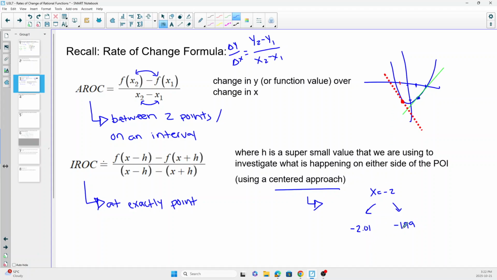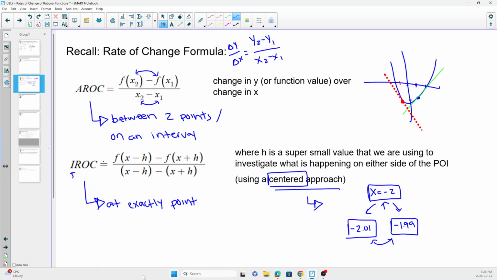And what if we use these 2 points? Essentially, what we're doing is we're finding the average rate of change. We're using the exact same formula, but we're choosing 2 points that are so close to our point of interest. So we are hoping that the average between these 2 points comes really close to telling us the instantaneous rate of change at this point. And so the formula maybe looks scary, but really all you're doing is choosing some x value, in this case -2, and you're taking away some consistent amount and you're adding that same amount. So you're making sure that your point of interest remains in the center of the interval.